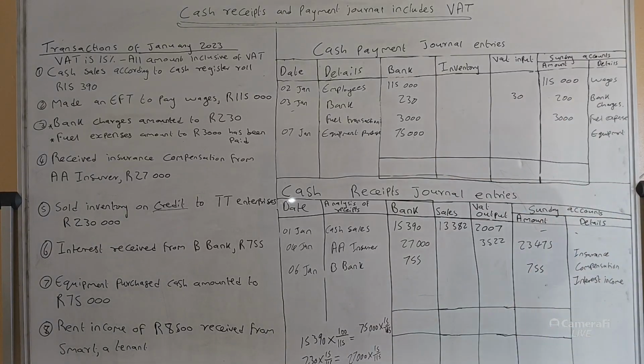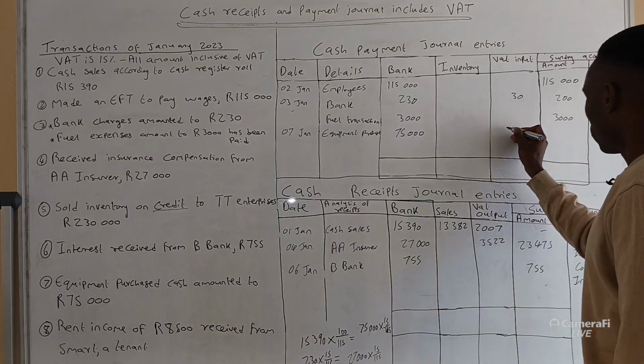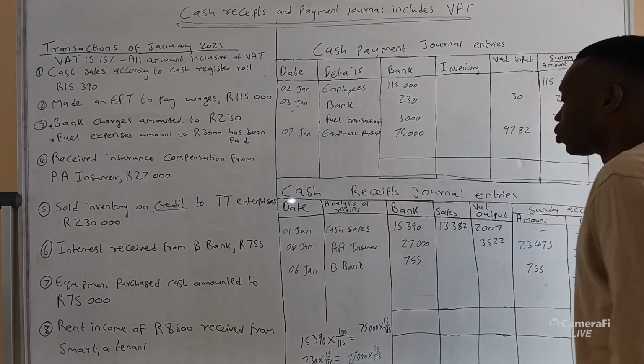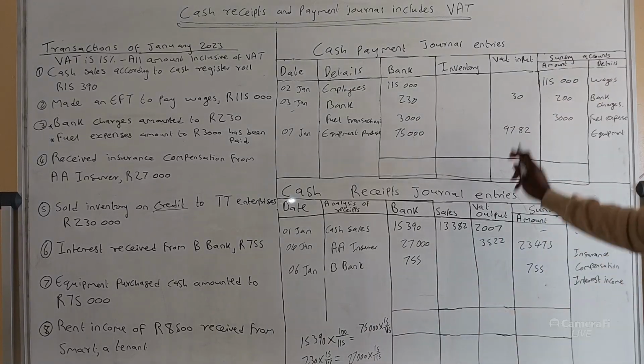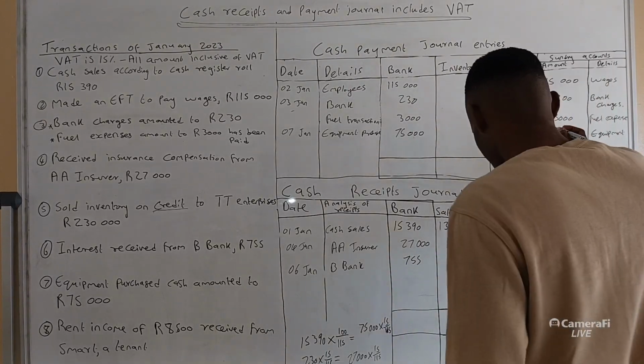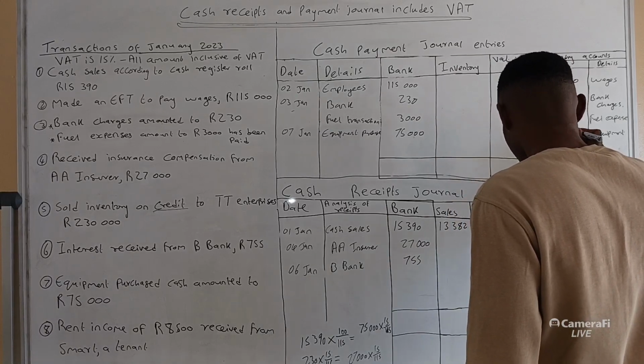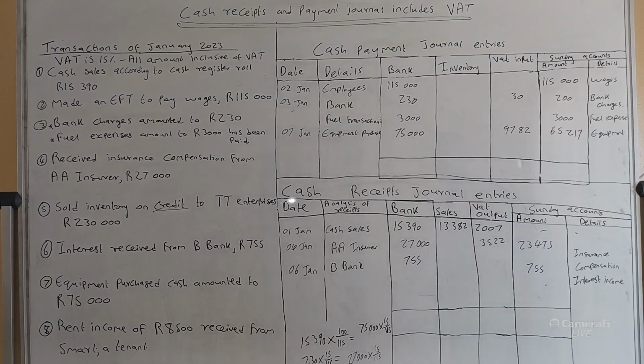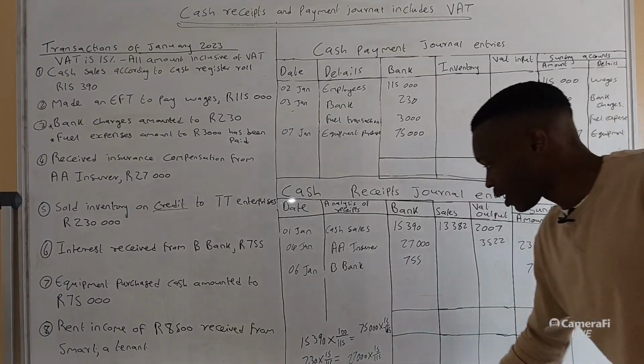You will get a VAT amount of 9,782. If you take 75,000 minus this one, you will get an amount of 65,217. Simple as that.